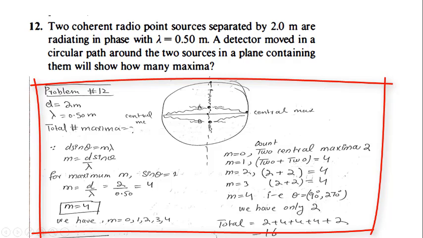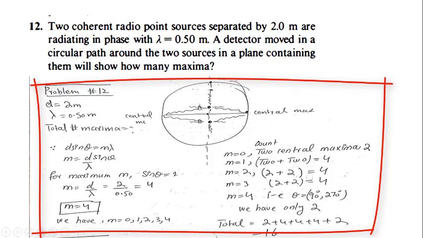But now you should remember that the screen is of circular shape, so we can cut this into two parts, one on the left and one on the right. For m is equal to 0, usually we have one central maxima or 0th order maxima, but here since our screen is divided into two portions, one on left and the other on right, we will have two central maxima, one on the right and the other on the left.